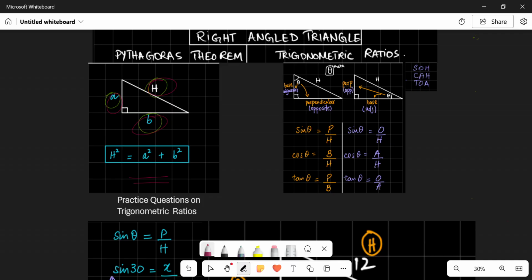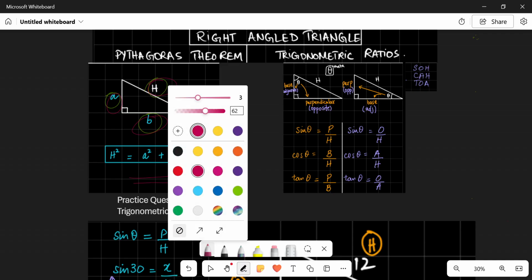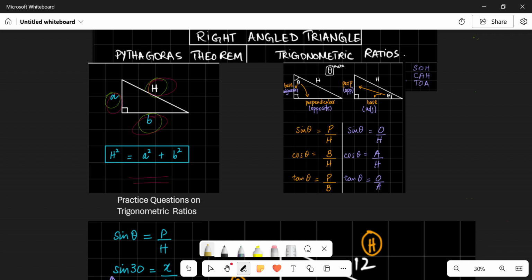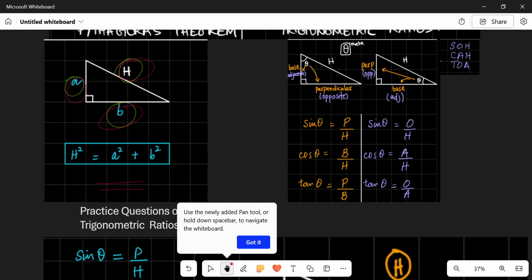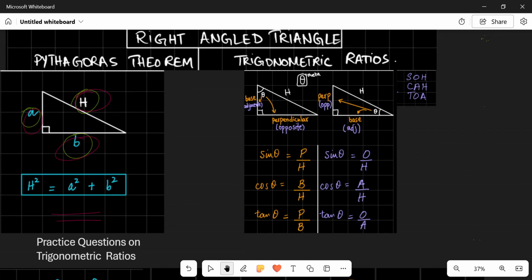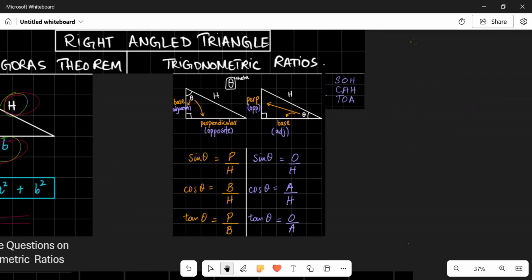Trigonometric ratios are the comparison of the lengths and the angles here. As you can see, here we have a diagram. Let me maximize it.